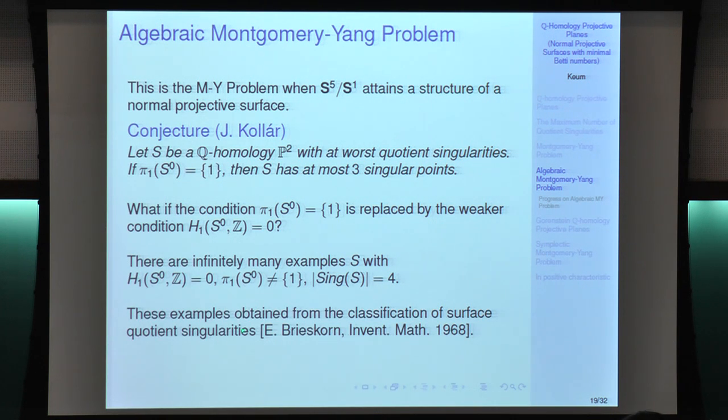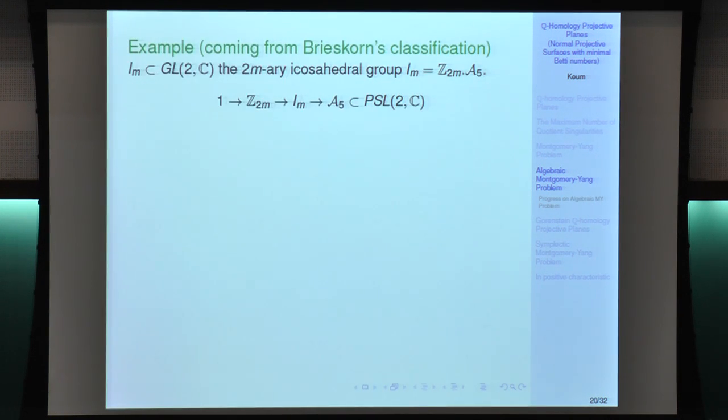These examples are obtained from the classification of surface quotient singularities done by Brieskorn a long time ago. So let me briefly explain what Brieskorn's classification is.